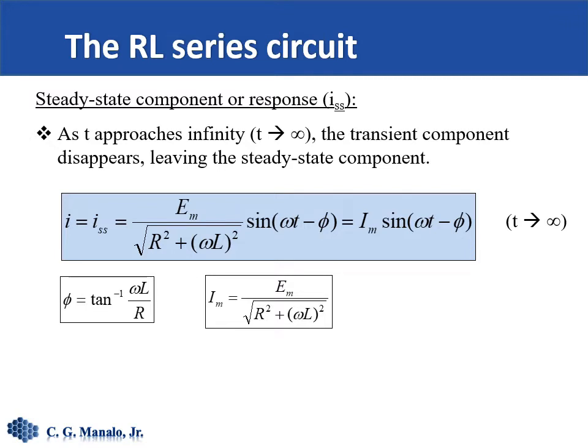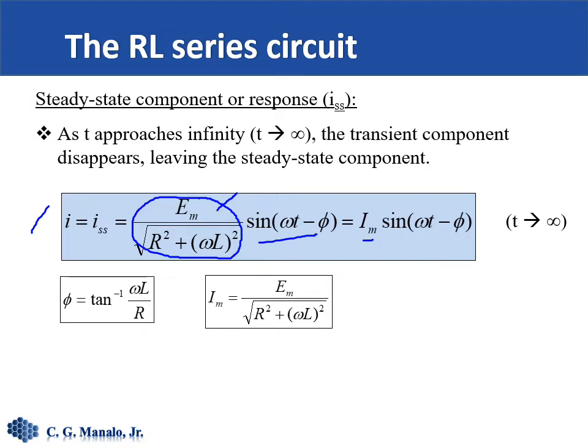In fact, if we let t equal infinity, that will completely obliterate the exponential term there, and that would leave us something like this, where we have further simplified this term here as I sub m. If you notice, this amplitude of the sine function is a current because the unit of this is volts over ohms, which is actually amperes.